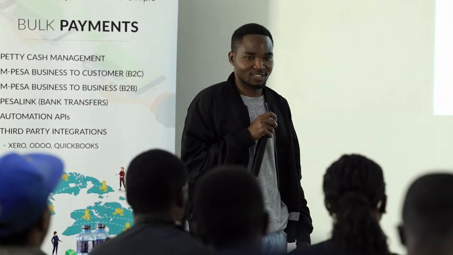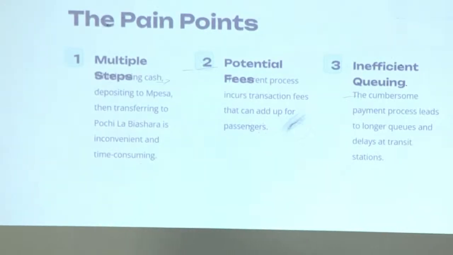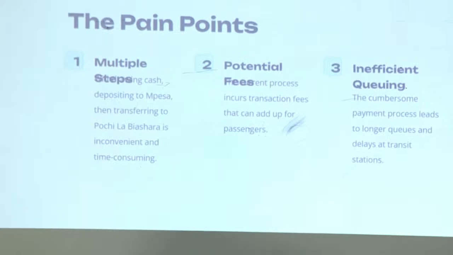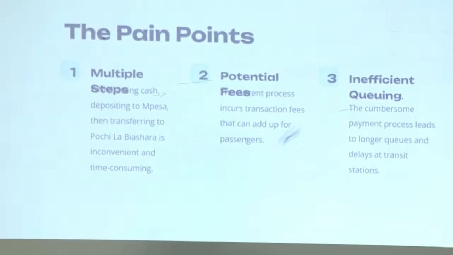Next page. So the pain point is that there are a lot of steps whereby you have to deposit money to the M-Pesa from bank, which is inconvenient and time consuming. And then there is a lot of transaction fees that you incur. And then there's inefficient queuing whereby people are waiting for you like, harakisha bro.